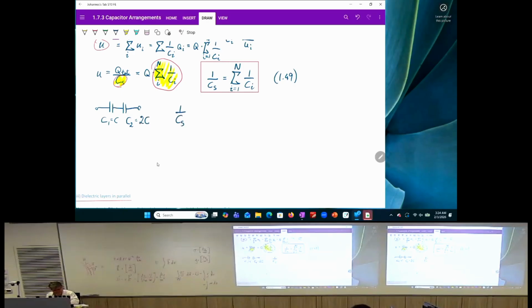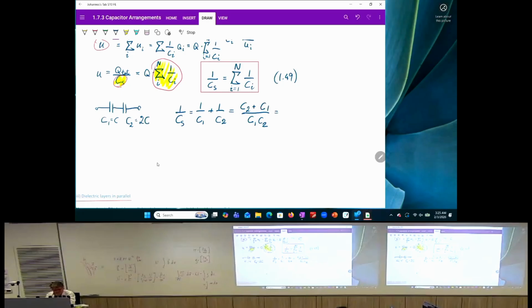So 1 over Cs is equal to 1 over C1 plus 1 over C2, and you obtain that by bringing them on the same denominator, which would be C1 times C2, and in the numerator you would have C2 plus C1.